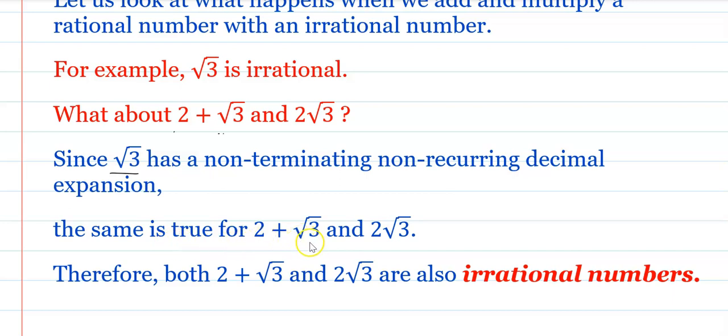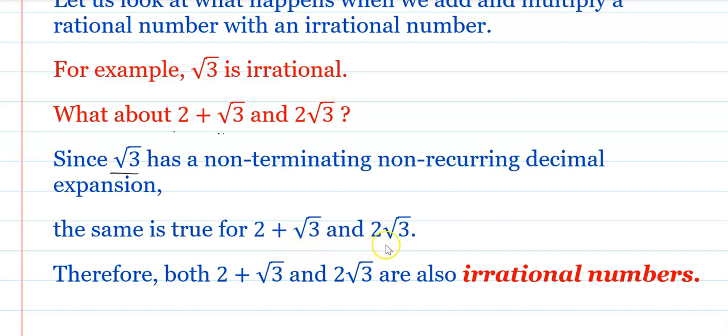Also 2 times root 3 is 3.46 and so on, again irrational. In this way, if we add a rational to an irrational, we get an irrational number, and if we multiply a rational with an irrational, we get an irrational number.